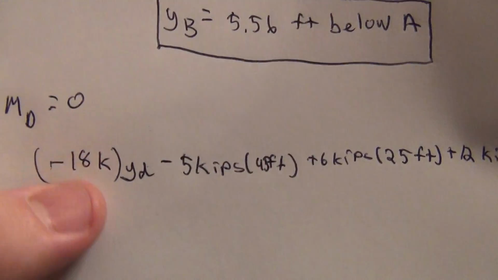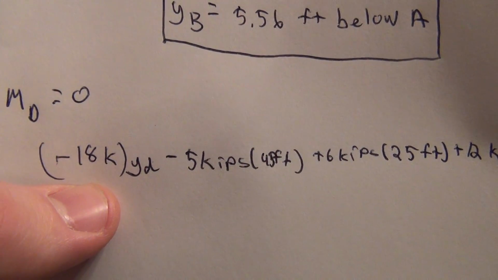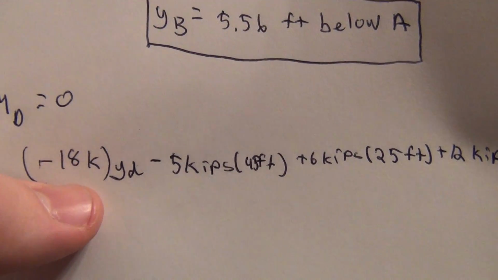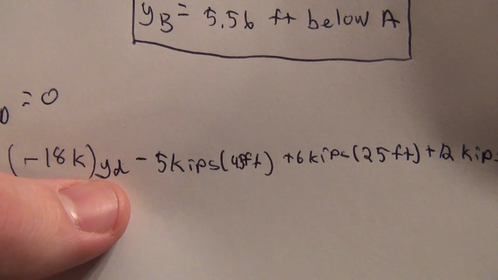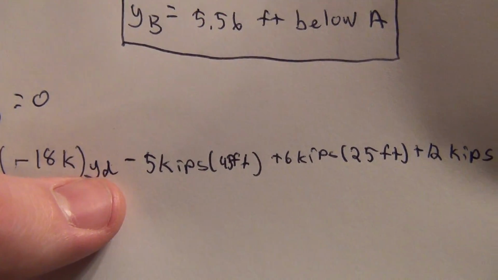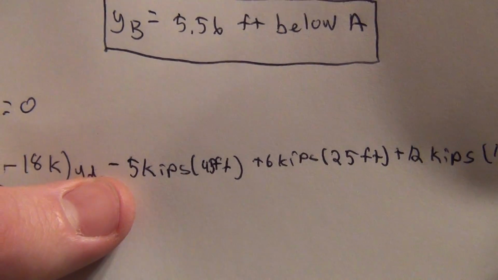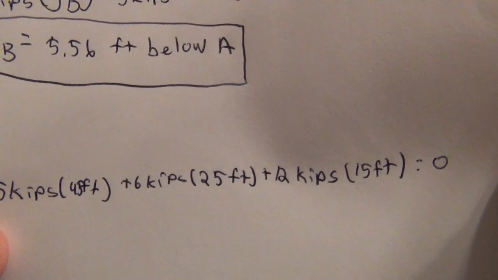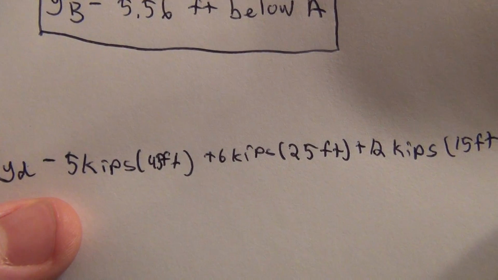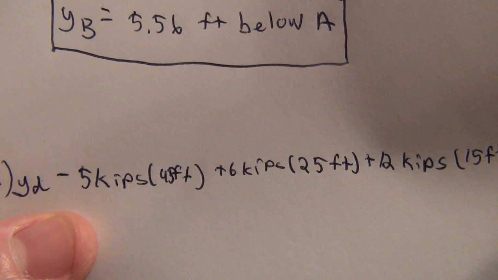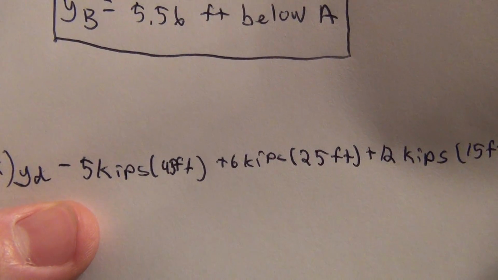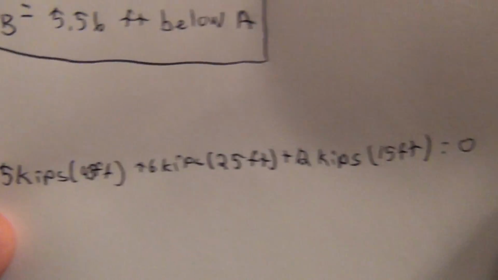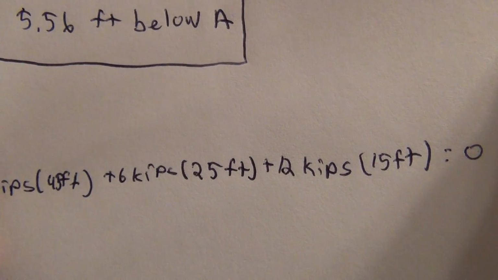So looking at this again, we have our negative 18 kips, which is our AX component, and that is a distance YD from D. So it's a Y distance. It's an elevation. Our second is 5 kips. That is our AY component, and that is 45 feet from D. Our third is 6 kips.